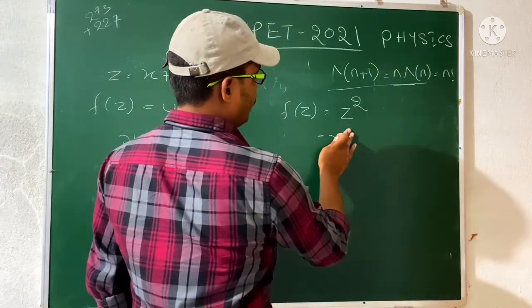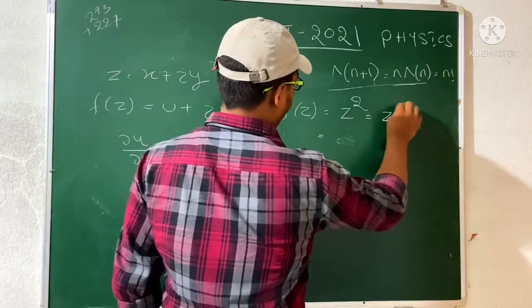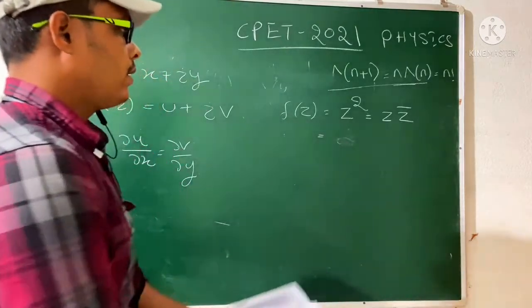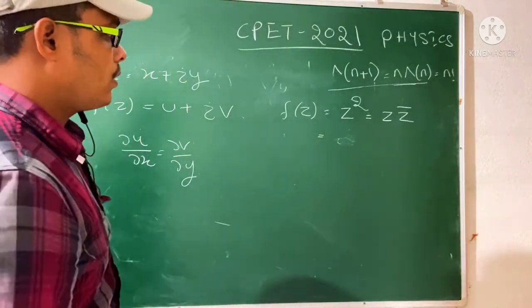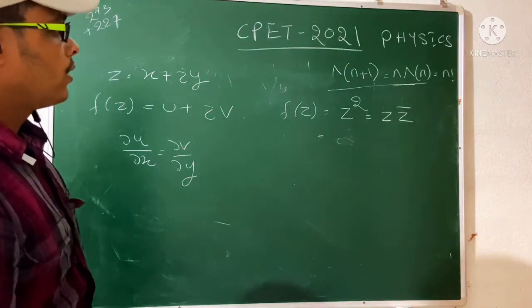So z square means z into z bar. Okay, we can write this, but I think there will be a mistake. We will do this.